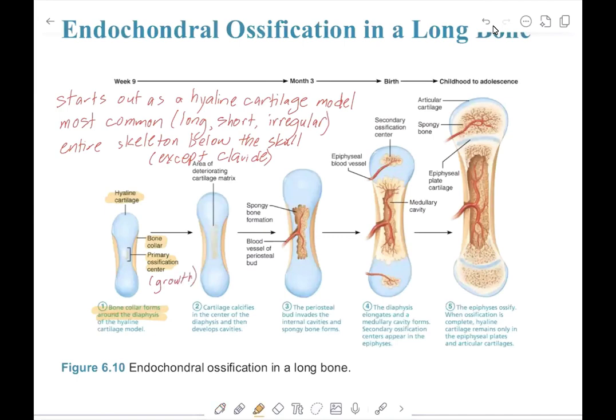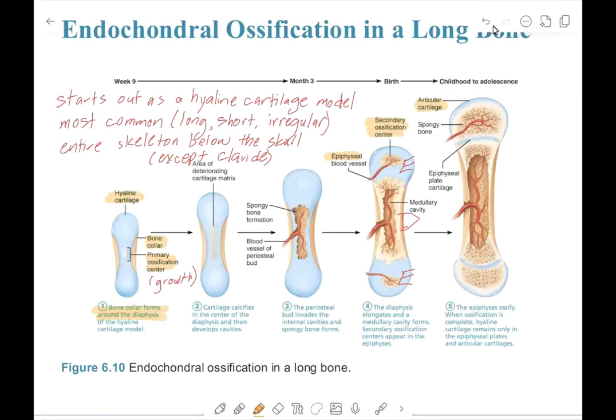Then there's going to be a secondary ossification center, and that's going to be in the epiphyses. So remember, this is an epiphysis, this is an epiphysis, and of course, this is the diaphysis or the shaft. At the end of the long bones, there's going to be remaining hyaline cartilage at the ends of them, which is called articular cartilage.